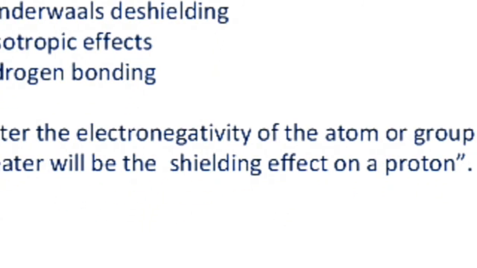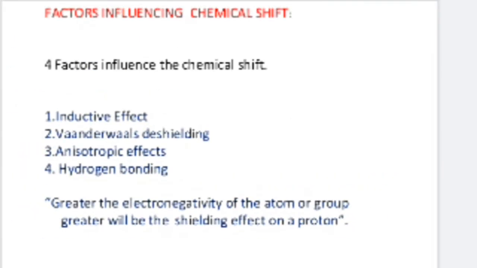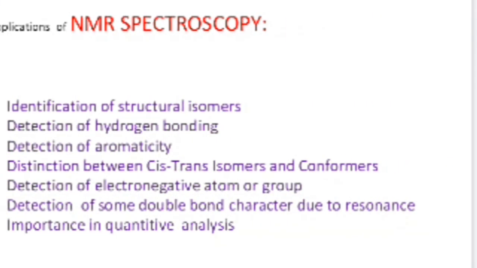In one sentence we can say: the greater the electronegativity of the atom or group, the greater will be the shielding effect on a proton. So this is the main theme in the chemical shift.